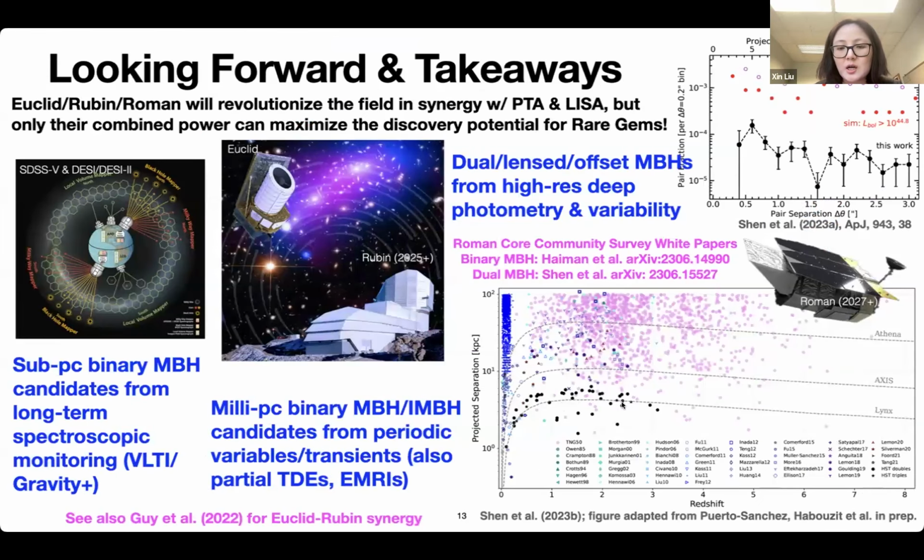So here on this bottom plot, you can see the filled circles are the HST, the Hubble resolved doubles and multiple sources from our sample, and they are not all dual or lensed quasars. Some of them are actually interlopers from star-quasar superposition.